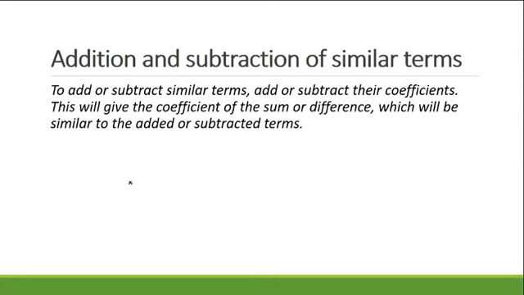Kunyari, meron tayong dalawang term. Okay? Para natin masabi na similar yung term, dapat parehas yung variable natin. For example, meron tayong 2x plus y plus 3x. Okay? So, to identify here what are similar terms, dapat tingnan mo muna yung kanilang variable kung parehas.